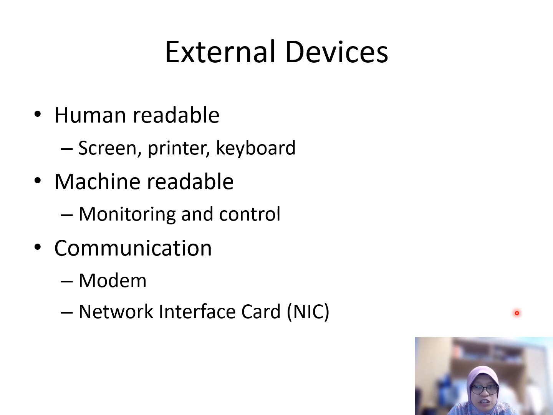And then communication is suitable for communicating with remote devices, such as a network interface card or modem, where we can communicate with the user or maybe another computer or terminals.